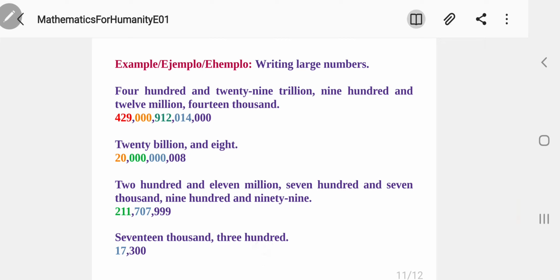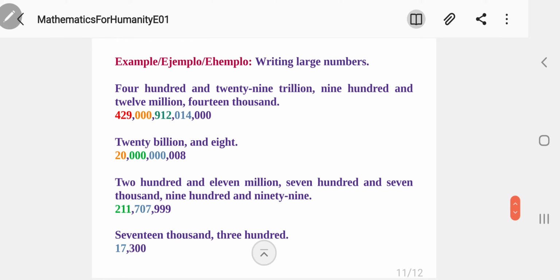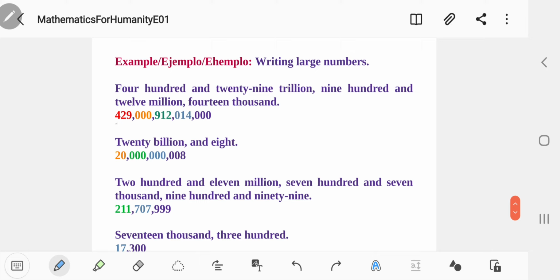So you have here as an example, writing large numbers. You have 429 trillion. That's in the trillions place. And then you have 912 million.